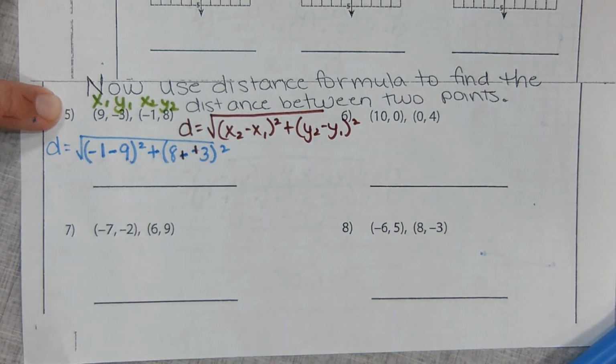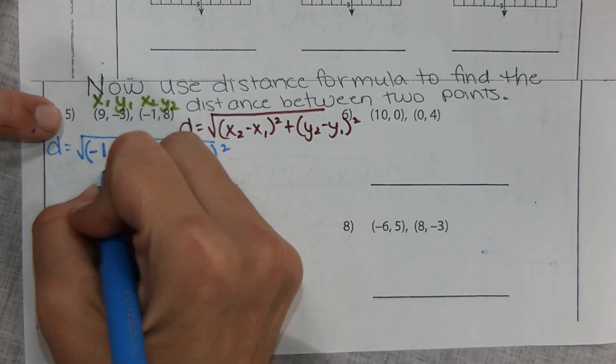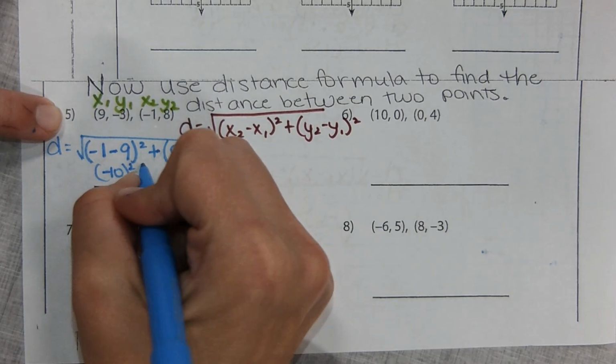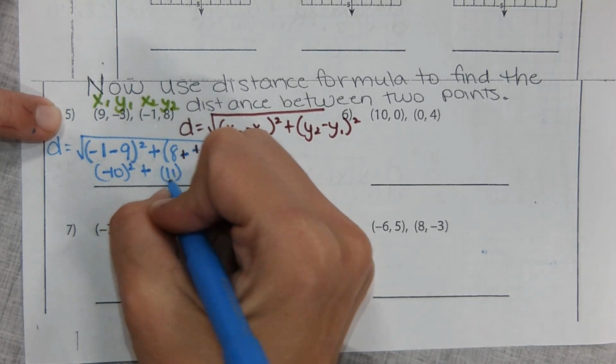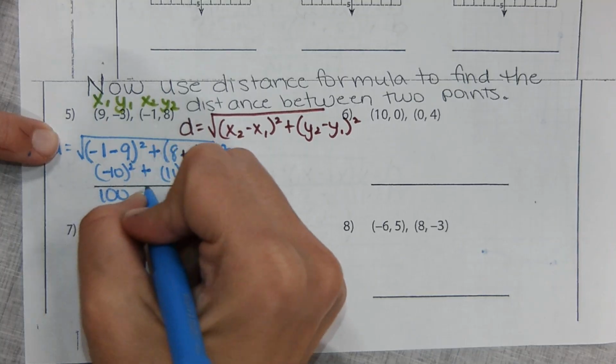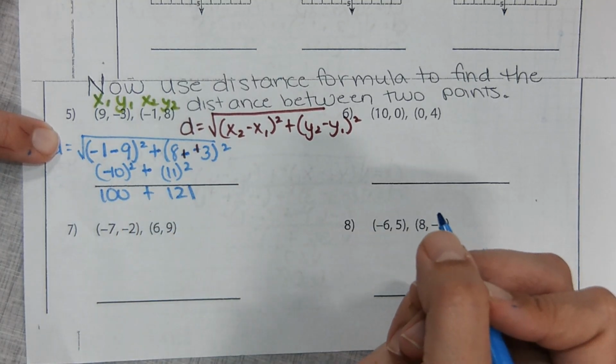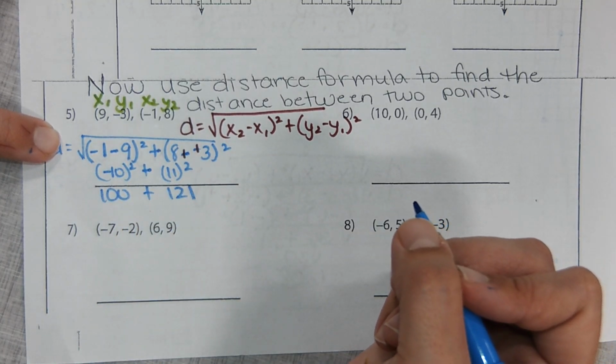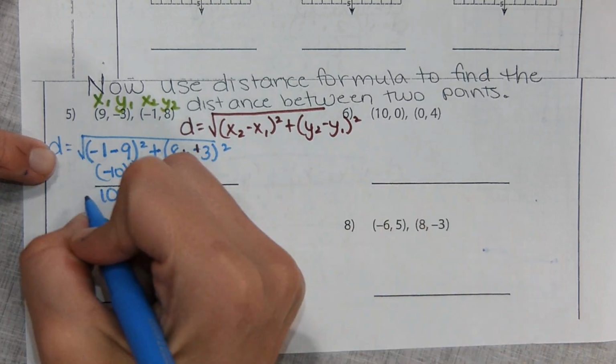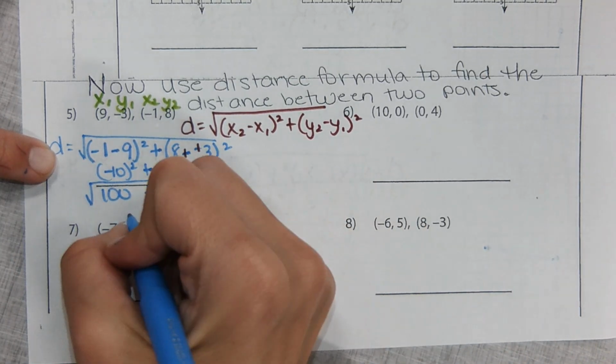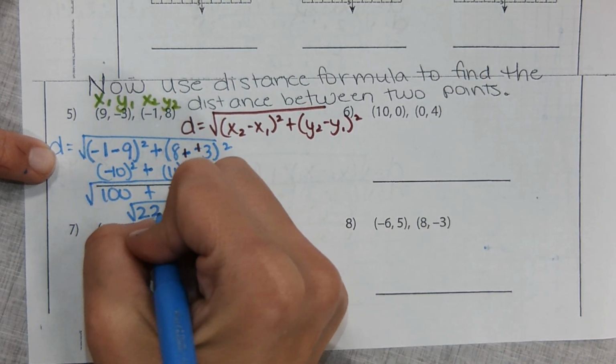Add the opposite here. -10 squared plus 11 squared. And here, square root of 221.